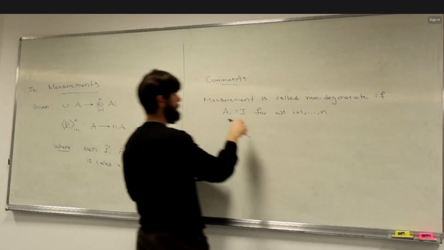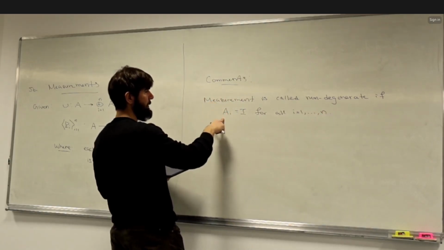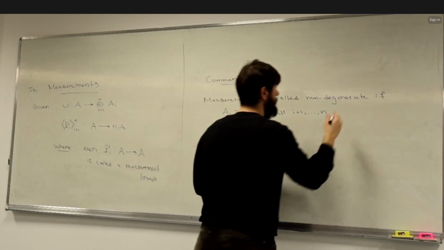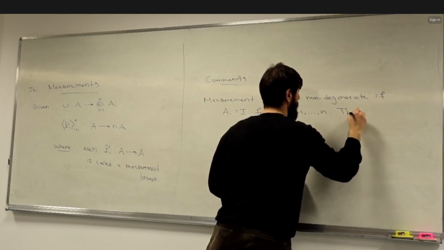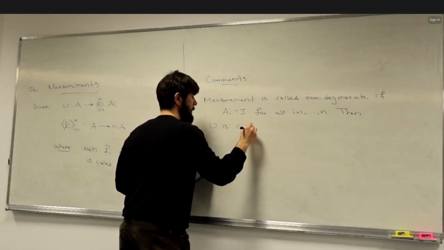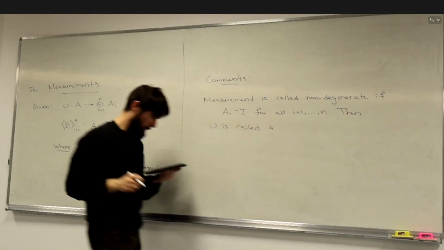In this case, if it is a non-degenerate measurement, then U is called a destructive measurement or observation.